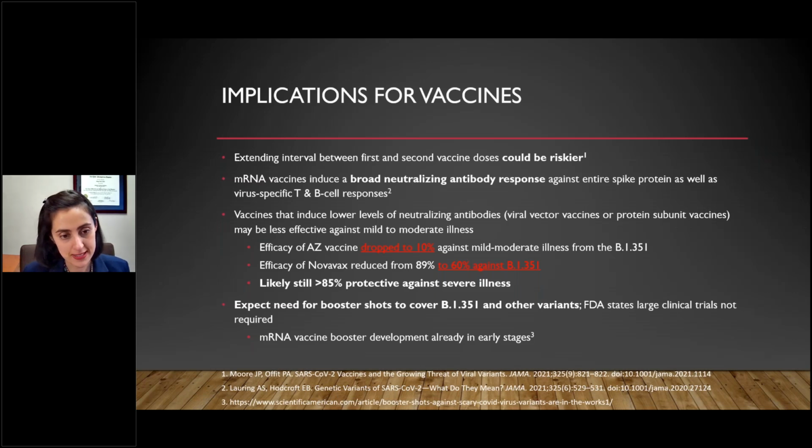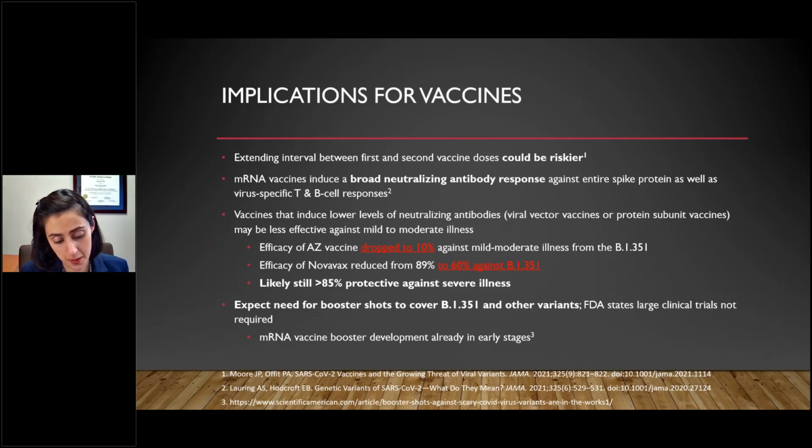How we roll out our vaccines and our public health strategy is very critical here, because it seems that deviation from the protocol in terms of how these vaccines, especially the 2-dose vaccines, were studied, either 3 weeks apart or 4 weeks apart, could potentially be risky, because an individual is only partially protected after their first dose.